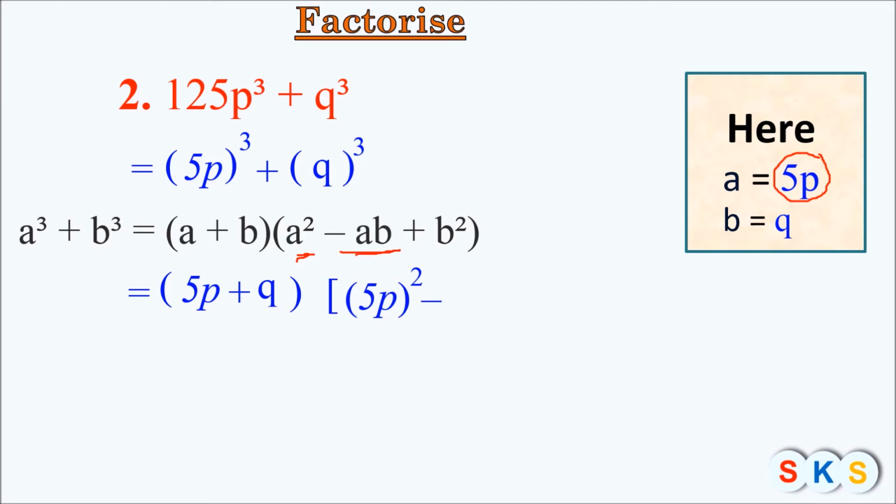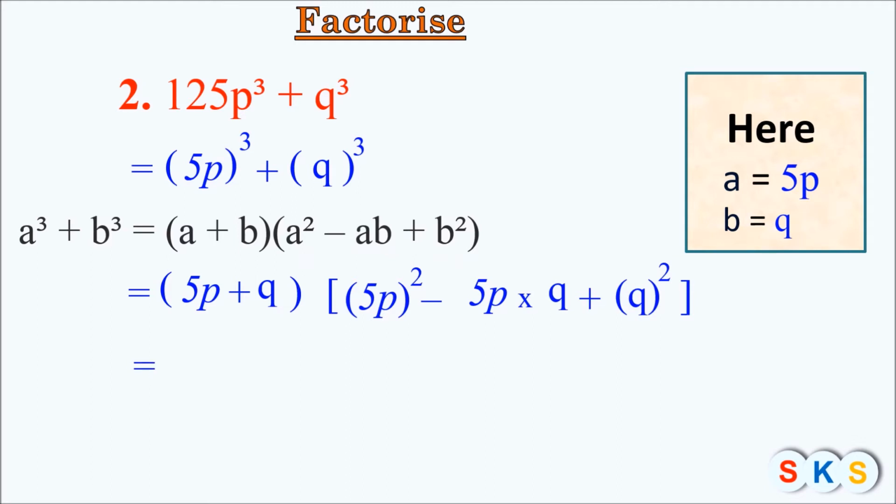The value of a is 5p and the value of b is q, so in place of ab we will write 5p into q. Plus, what is the last term of the bracket? It is b square, and the value of b is q, so we will write q the whole square. Close the bracket. After substituting the values of a and b in this formula, we will simplify it further.